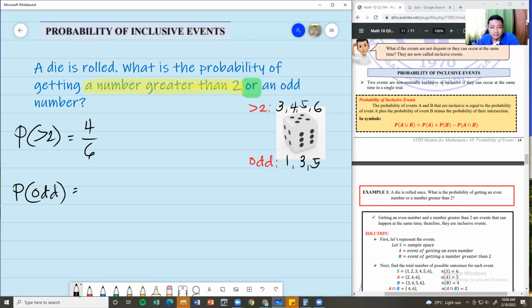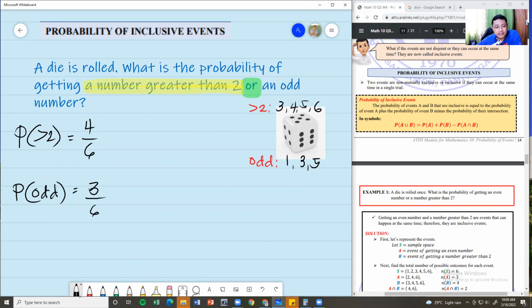So therefore, what's the probability? That is 3 over 6. Very good. Again, will you simplify them? Not yet. Why? Because we are dealing with or, so therefore expect that we will be adding them or subtracting them in the end. Okay? So wag na muna yung simplify para hindi kayo paulit-ulit sa process.